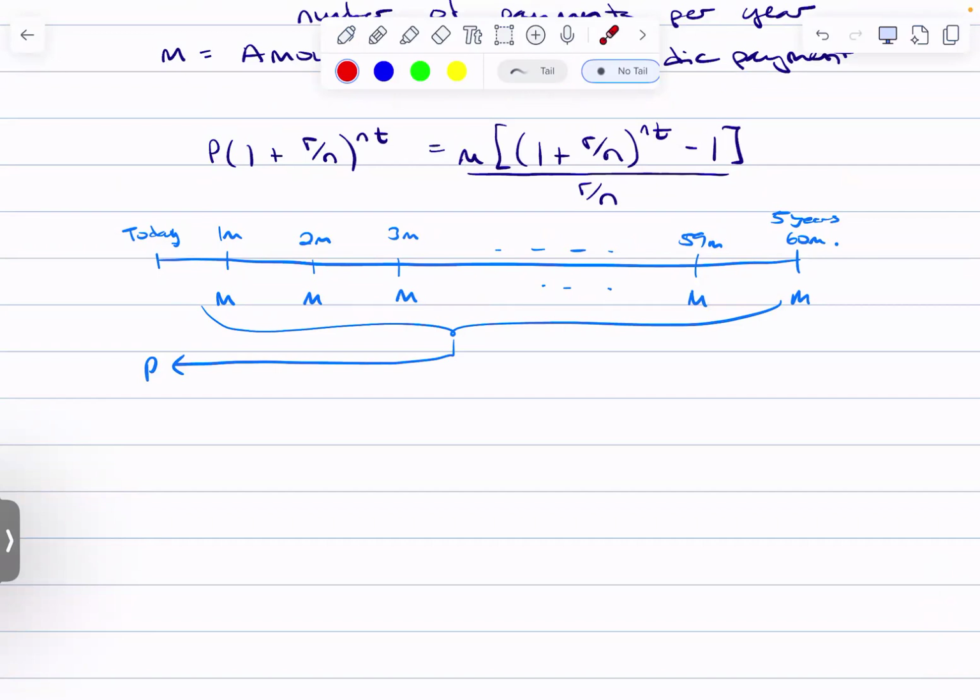Because the bank doesn't care. You've committed to paying these M payment amounts for 60 payments. And so if you say, hey, I want to pull the trigger and pay it all back, which is what we're building towards today, among other things, then there's some value that you've committed to paying.